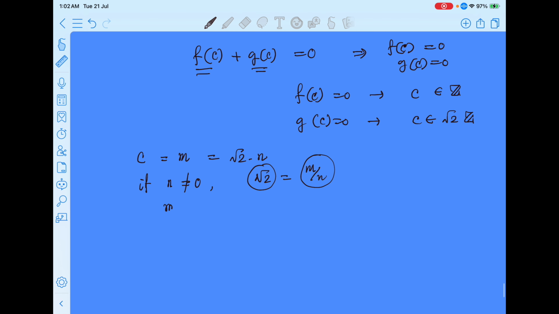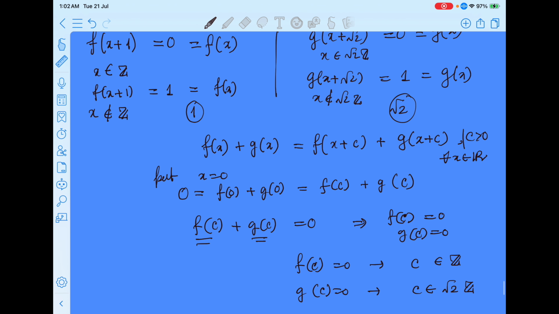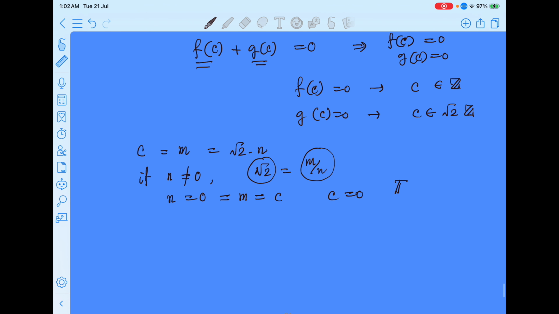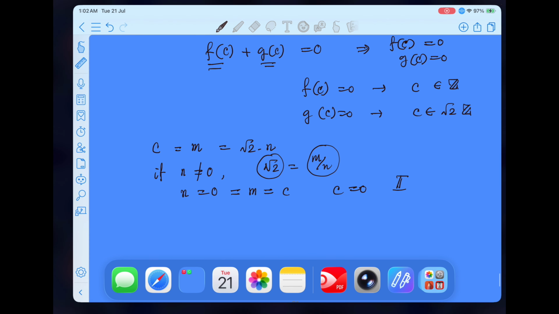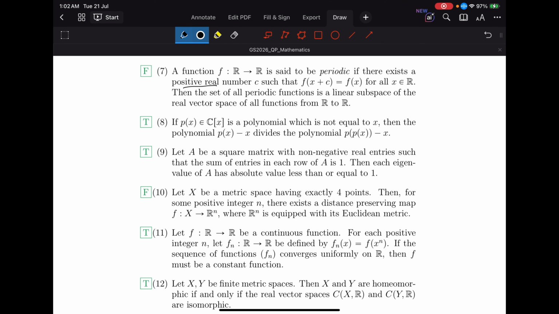So that will imply n equal to 0, m is also 0, and m equal to c we know, right? So c has to be 0, but for periodicity we need c strictly bigger than 0. That's not possible. So f(x) plus g(x) is not periodic, so this is false.